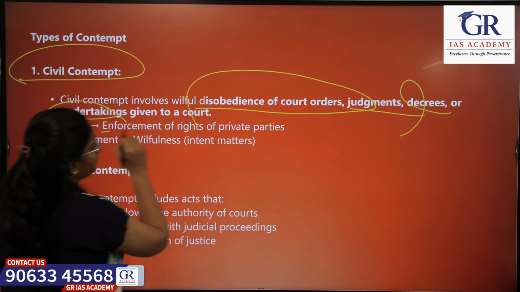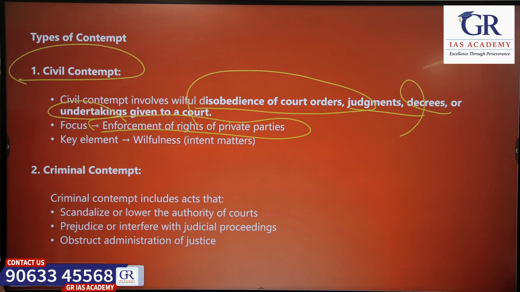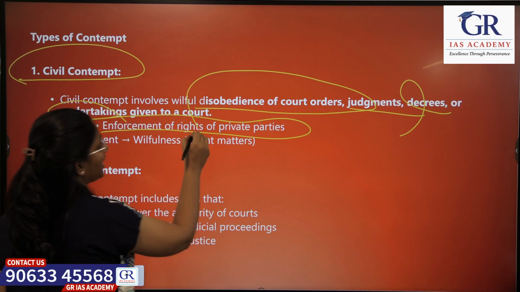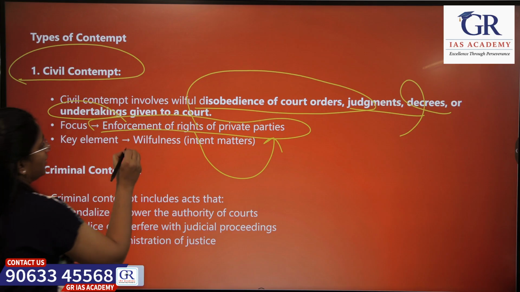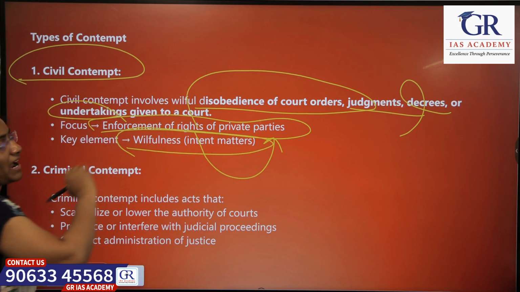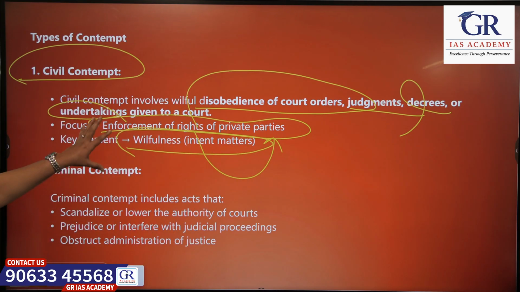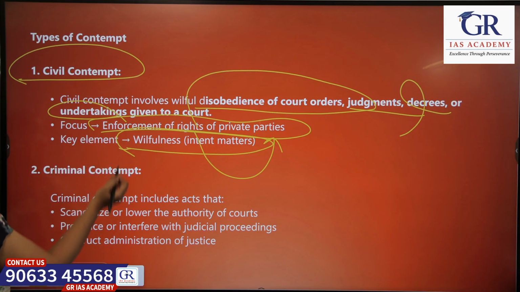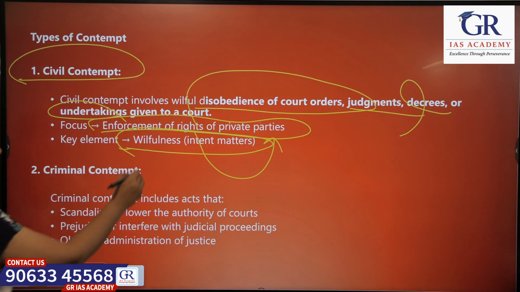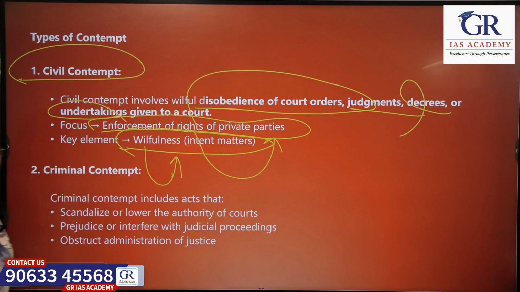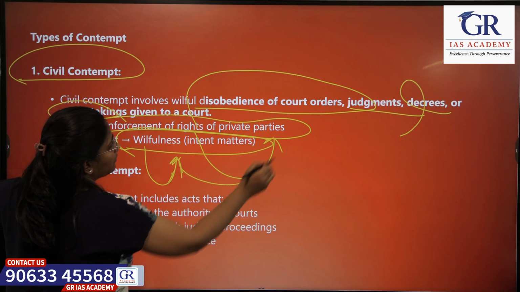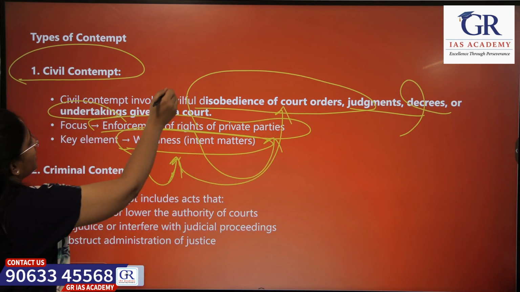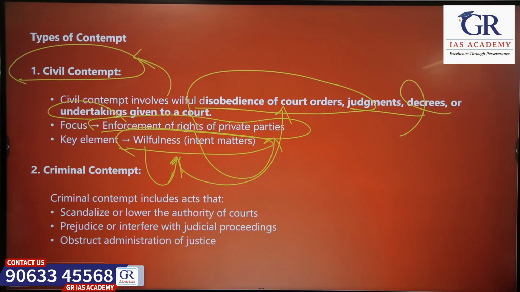Here courts ensure the enforcement of the rights of private individuals, and what matters for civil contempt is that they have to do it on purpose, right? It's not by mistake. They have to willfully disobey Supreme Court orders. Then only it is considered civil contempt.